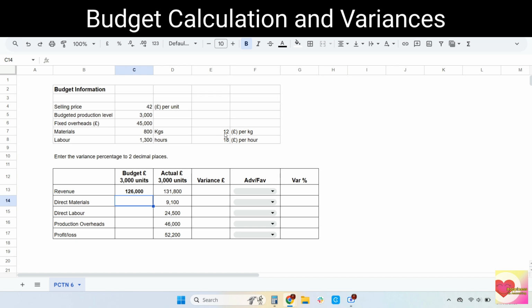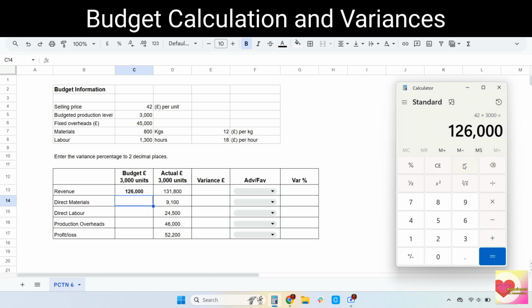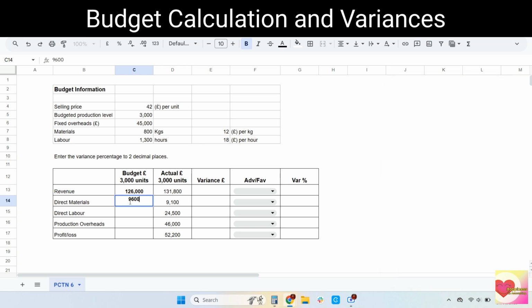So this is the amount of the materials, but we have to get the amount for the 800 kilos. So let's multiply 12 pounds times 800 kilos and we got 9,600 pounds. So this is our budget for direct materials.